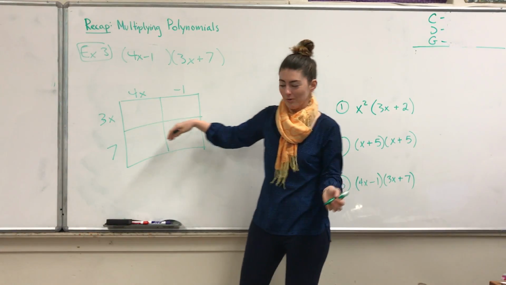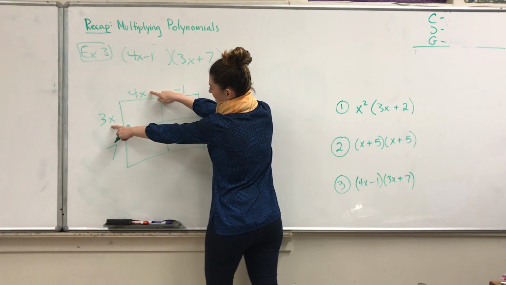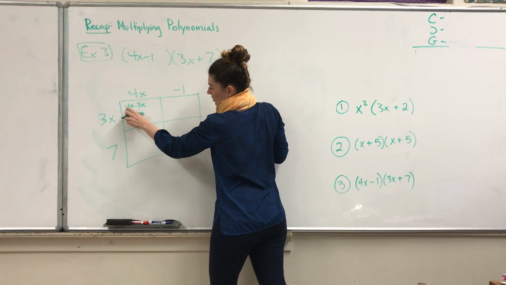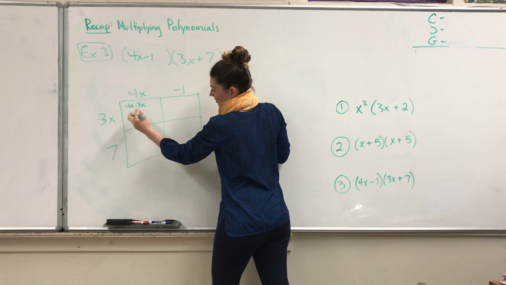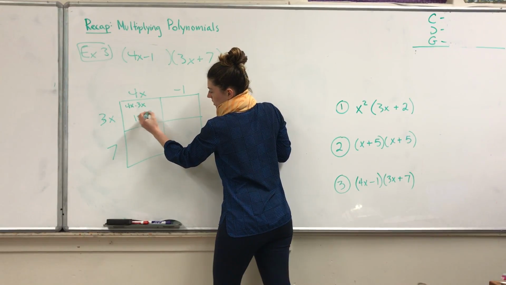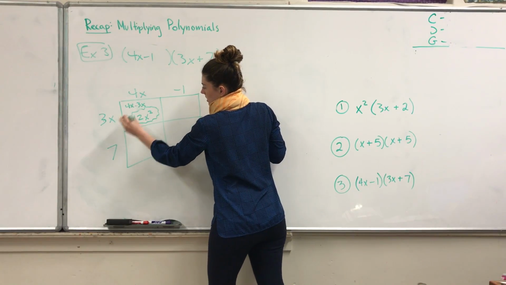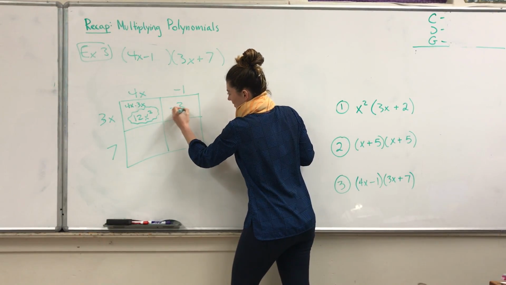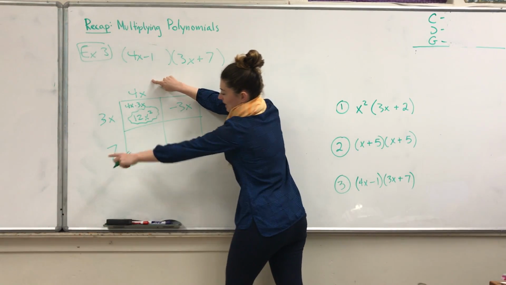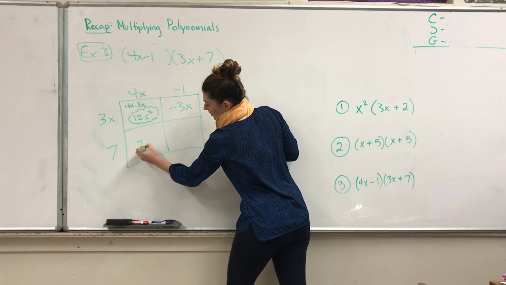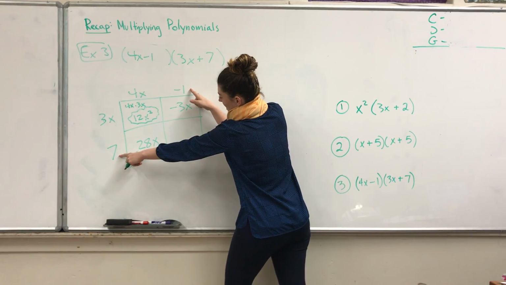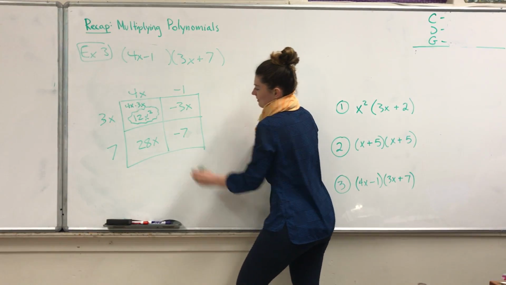Let's multiply, figure out what goes in the boxes. 4x times 3x is 12 times x squared. Here I have 3x times negative 1, negative 3x. 4x times 7, 28x. And in this box, 7 times negative 1, negative 7.